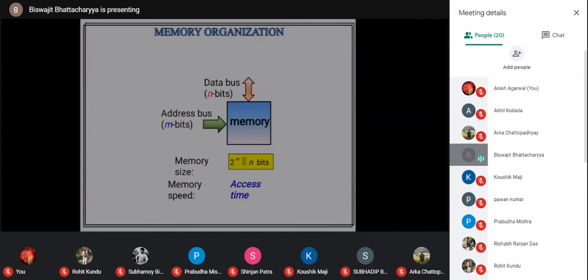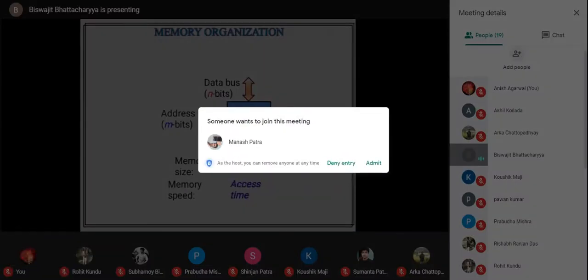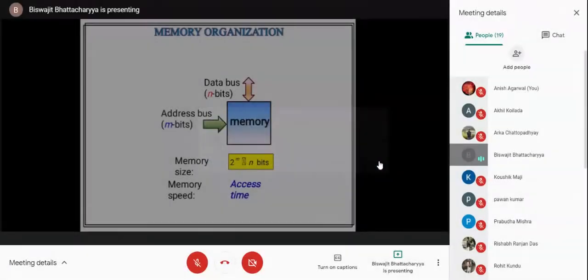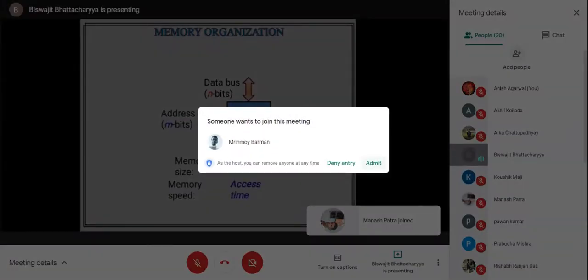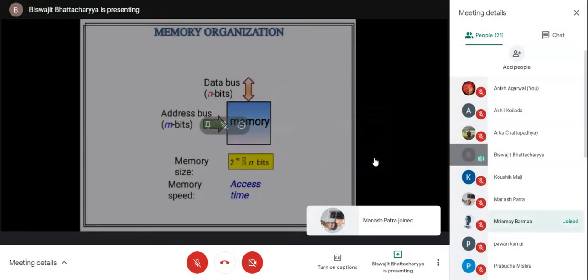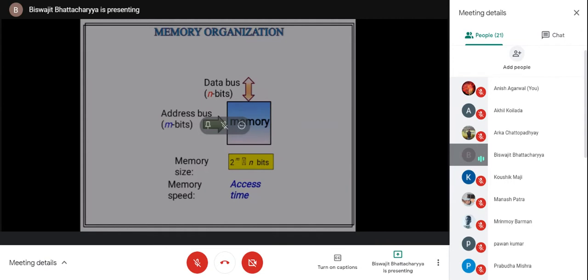But one more thing is also very important, that is the access time of the memory. How much time it takes to access one data byte, to read from the memory or to write into the memory location. That time for reading or writing is called access time. For a fast memory, access time is less, for a slow one it is more.